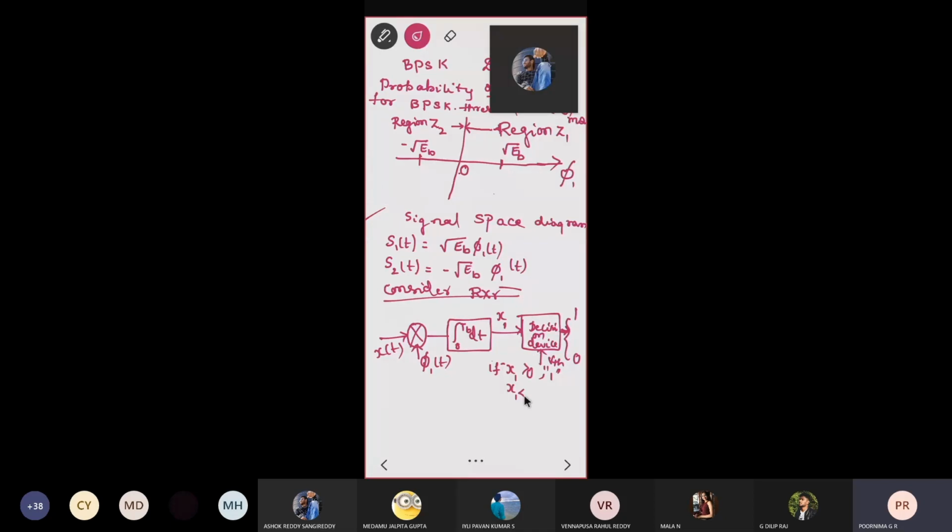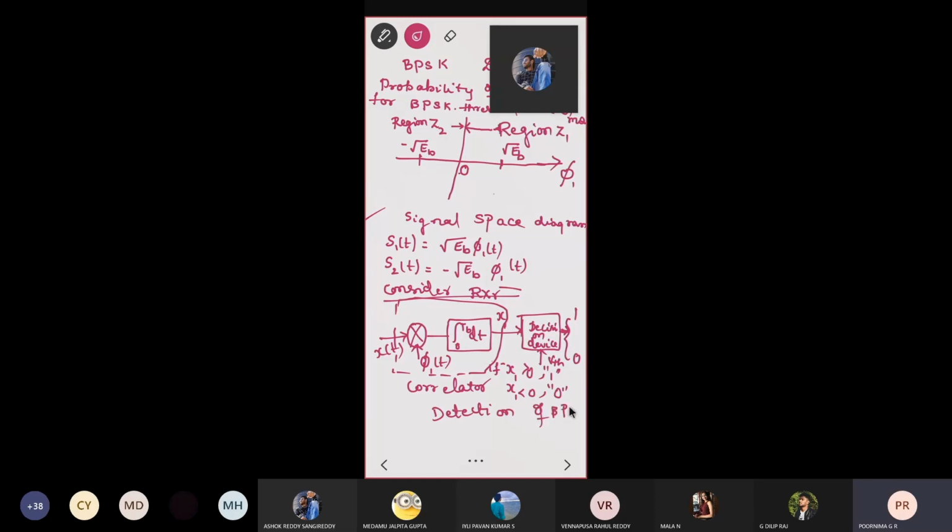The complete block, including the multiplier with the integrator, is termed the correlator. Okay, this is the detection system, the detection of the BPSK system.